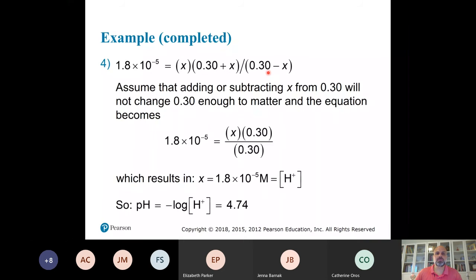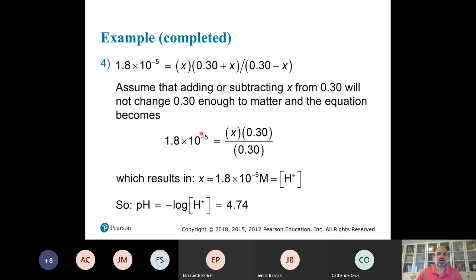Well, we could go through and do the quadratic equation here. It's going to be a little bit more complicated, but for this example right now, we're just going to assume that the X here and the X here, the plus X and the minus X, are actually very small, so they're not going to affect the 0.30 molar solutions.